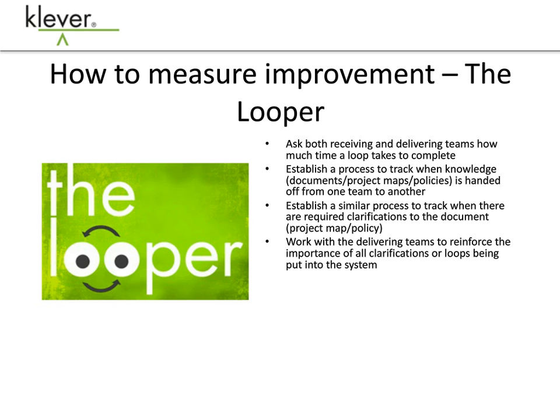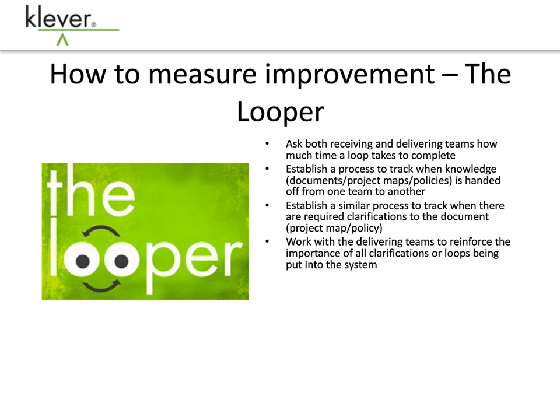If we can start measuring how many times we have to loop, we can start demonstrating that this is a problem for all of us, both in the development organization and in the support organization, and that we can create programmatic approaches where we change when we get involved, where we change how we format that knowledge, so that we reduce the number of loops.